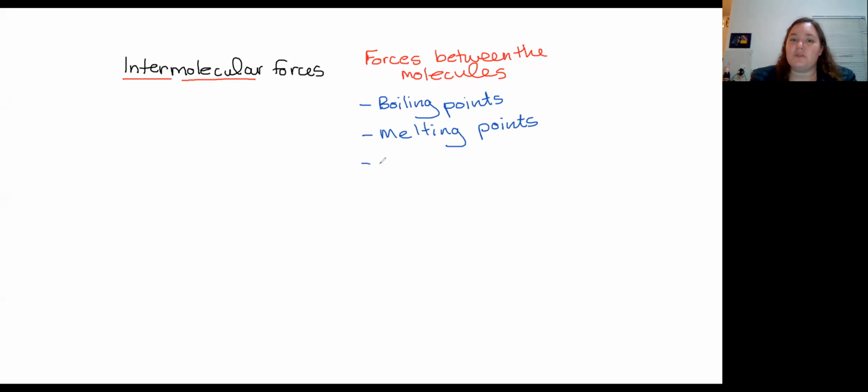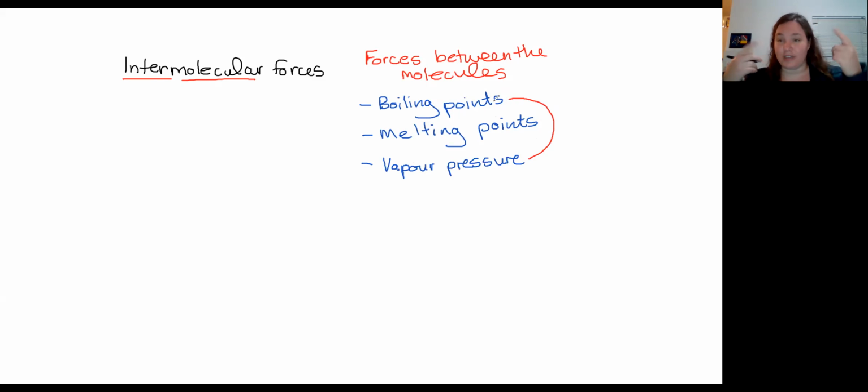Along with this, we're going to be introducing a couple of new ideas. They should have been introduced in grade 11, but we're going to quickly look at them as well, which are the idea of vapor pressure. And vapor pressure is the pressure of a gas in equilibrium with its liquid. And effectively, vapor pressure and boiling point are linked. If something has got a high boiling point, you need to put in lots of energy in order to turn it into a gas.